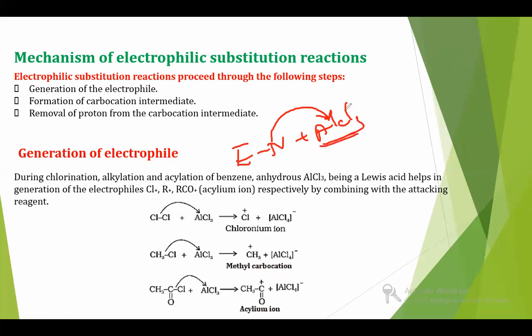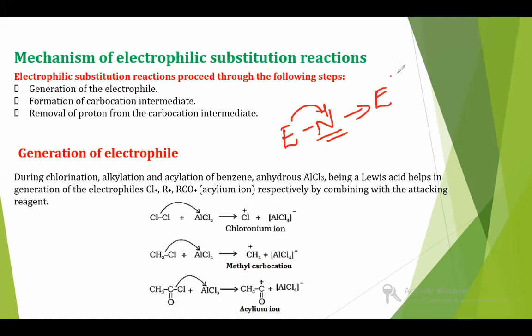Instead of considering any particular catalyst, we can write E and N. The Lewis acid drags an electron, which forms this N part. This E is deficient of an electron, the N part has an excess of an electron with negative charge, and E has positive charge. This is the electrophile. This is how the electrophile will be generated.